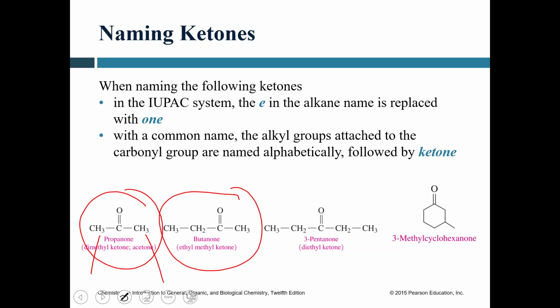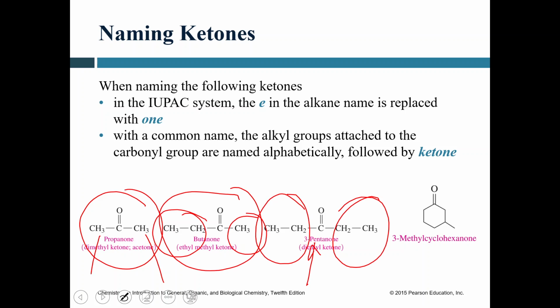Butanone, ethyl methyl ketone. 3-pentanone, because it's at the third position, diethyl ketone. Here, cyclohexanone, substituent is at the third carbon, so 3-methyl cyclohexanone.